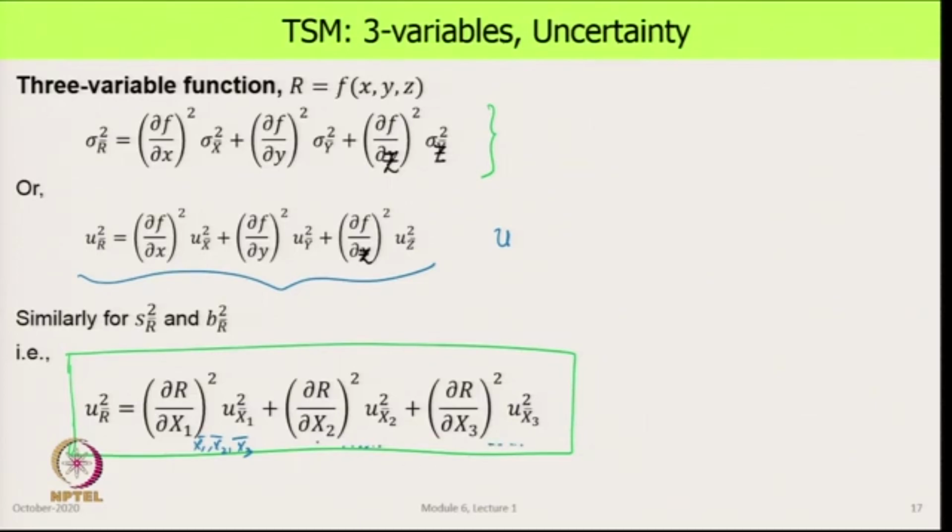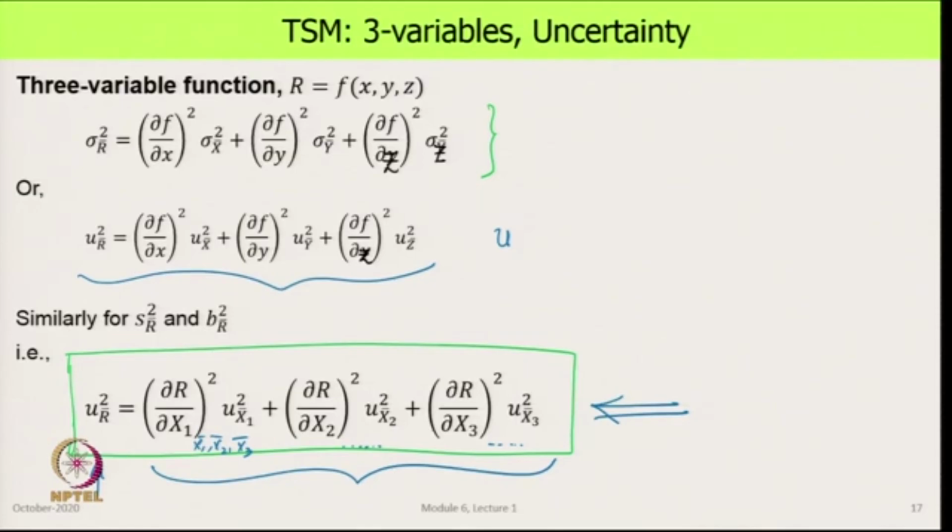So, this is dr by dx2 square, u x2 bar square, dr by dx3 square, u x3 bar square. And that is what we have been wanting. It tells us a relation between known parameters on the right side to calculate standard error in the result, and this is again the propagation of uncertainty.